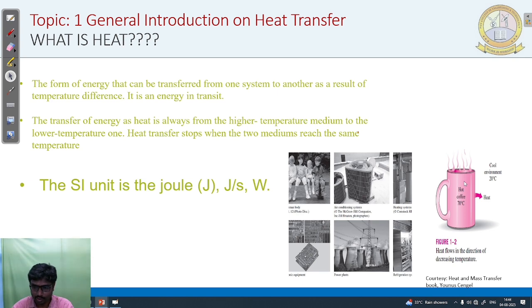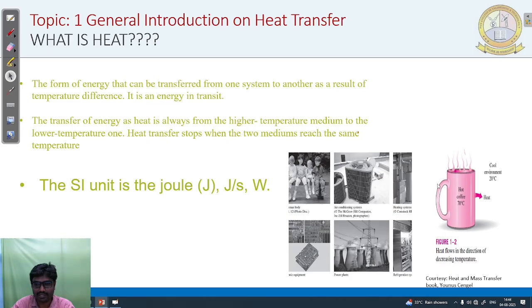The coffee temperature will reduce until the coffee and the environment reach the equilibrium condition, that is, until the coffee reaches nearly 20 degrees Celsius, like 25 or 20. Until then, heat flows from the coffee to the environment.